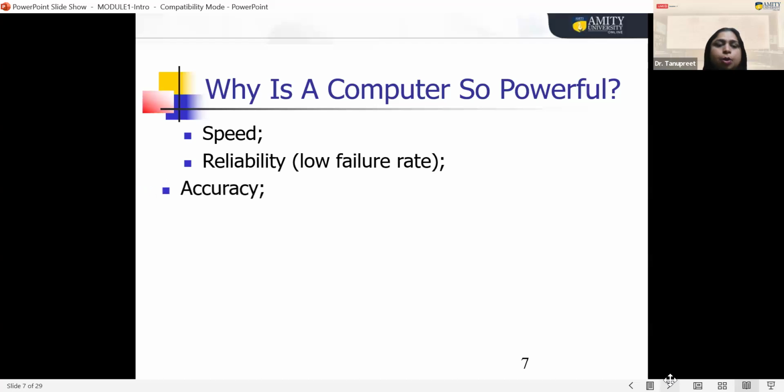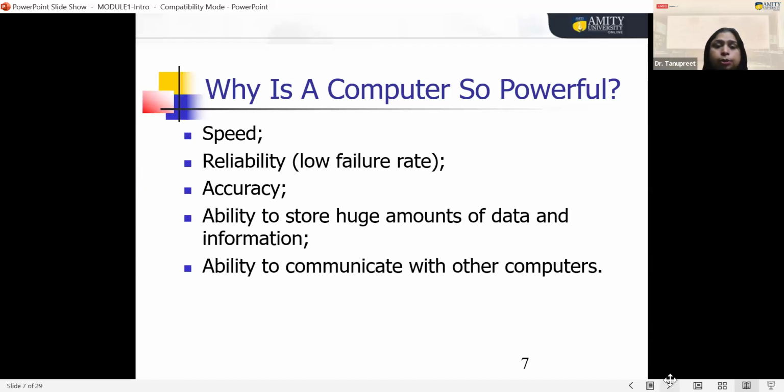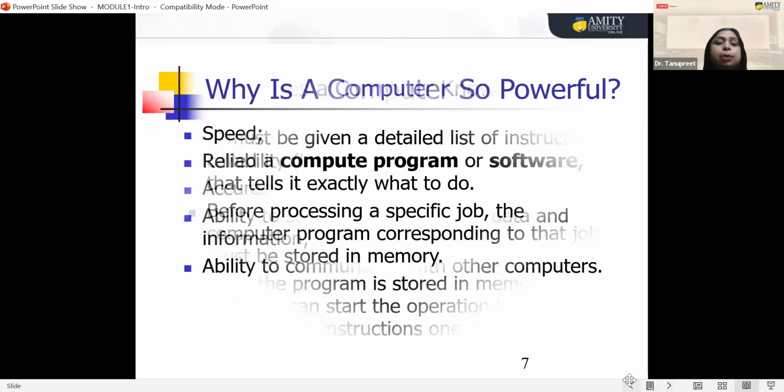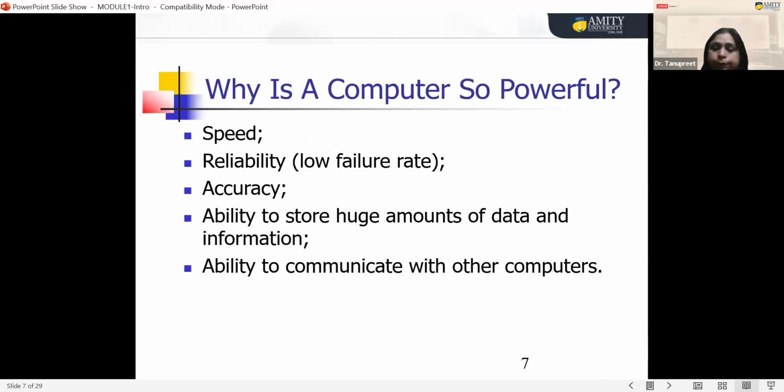Okay, now let's talk about why a computer is so powerful. Students, obviously, in this era of AI, in this era of emerging tech, nowadays we will not call it a computer but a supercomputer, which is obviously performing better than the human being. But here we have to understand what the factors and characteristics are which make computers so powerful and more efficient than human beings.